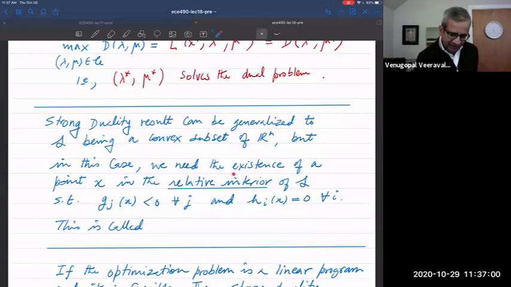What's a relative interior? I didn't go into these kinds of details in this course. If you want to see more about things like this, read the book by Boyd and Vandenberghe. So relative interior matters if S is a subset of R^n that's contained in some smaller dimensional space. Think of three-dimensional space, and you have a filled-in circle. It's not a sphere, just a two-dimensional disk in three-dimensional space.